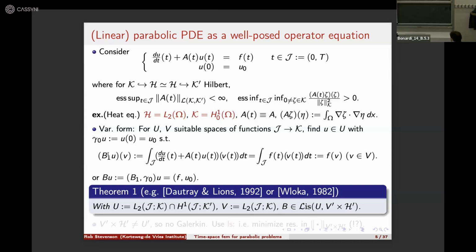And with those choices of spaces, you can prove, has been proven, that this operator B is boundedly invertible. This is my notation for a linear isomorphism. So it's a linear operator, this isomorphism from U to the product of the test space and H prime. And H is, say, L2, and so H prime you identify with L2. But this is a real dual space.